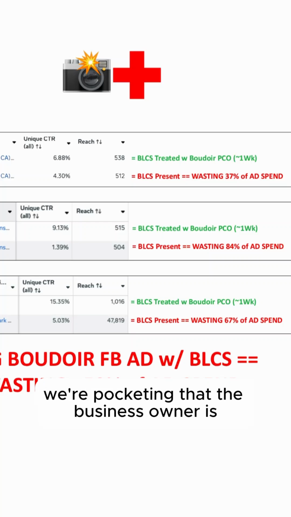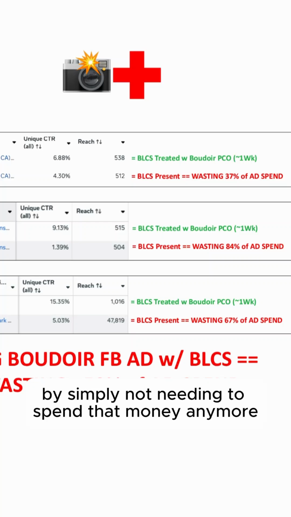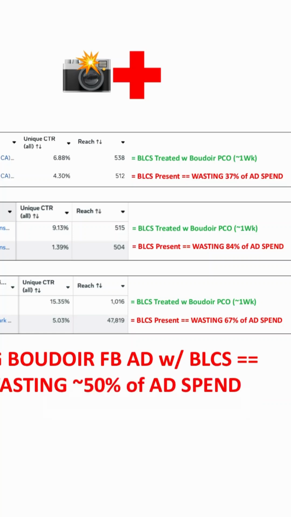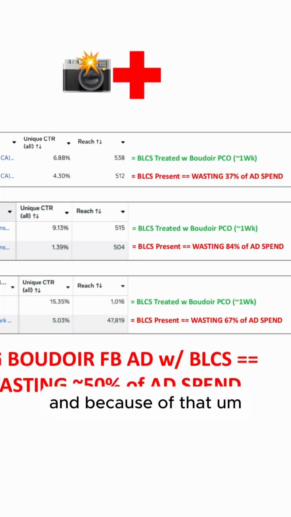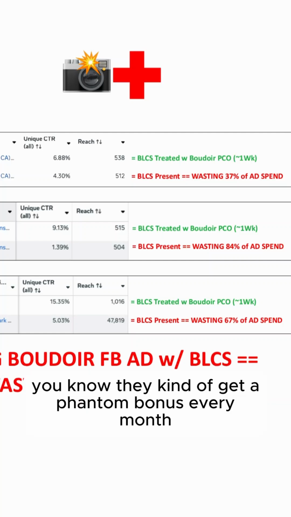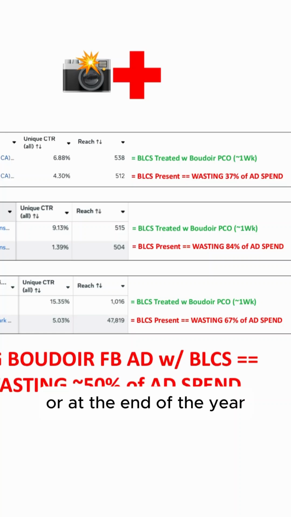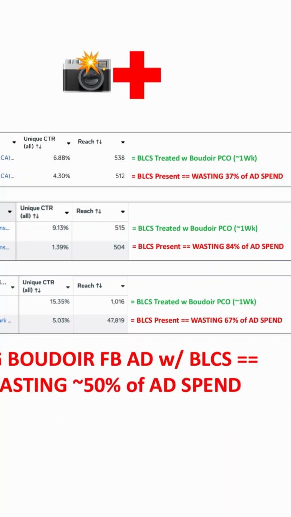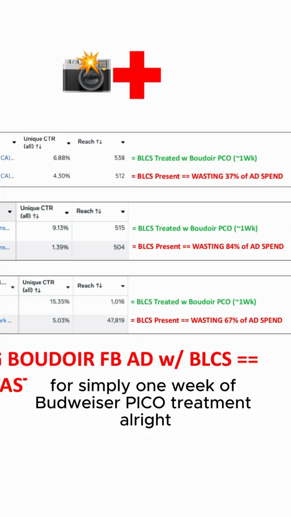The business owner no longer needs to spend that money, and because of that, they get a phantom bonus every month. At the end of 12 months, they're getting a phantom $40,000 bonus. But it was simply 1 week of Boudoir Pico treatment.